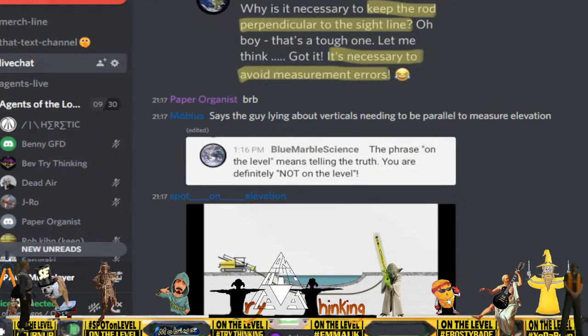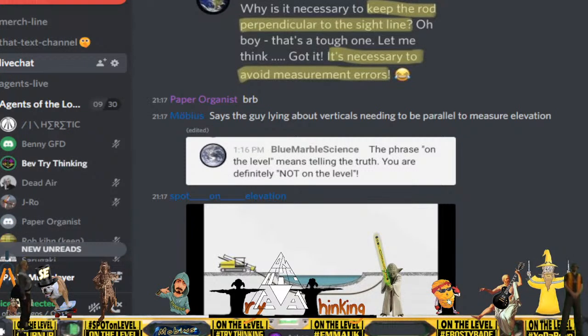Blue, how do you measure level not being horizontal? What tool would you use, Blue, in order to measure? Not that level.